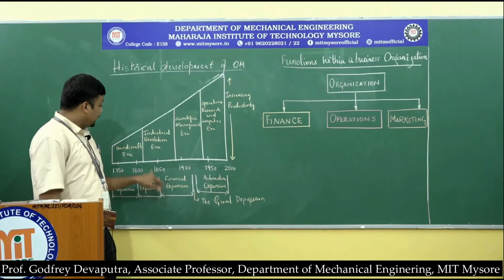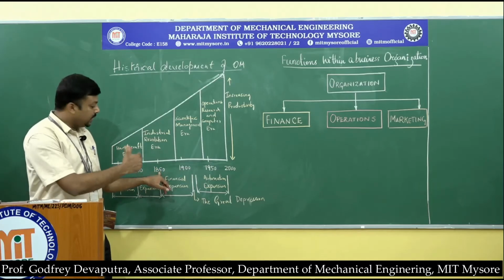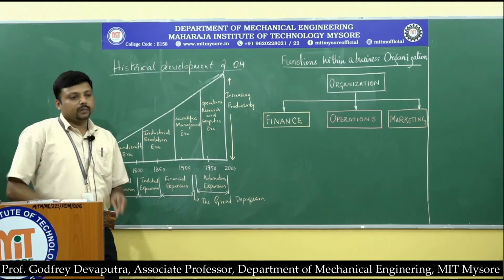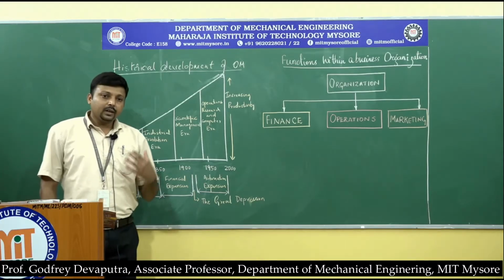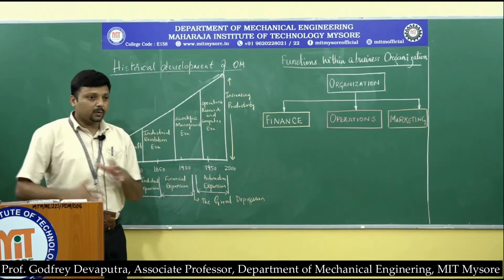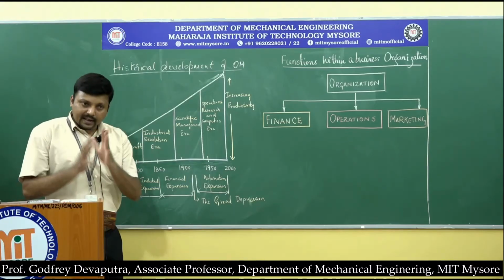So industrial expansion from the late 17th century to the mid 18th century was a boom in the market. Production started to happen more quickly, finance started to flow, and transactions started to happen much more rigorously, because of which there was a need for managing the activity.